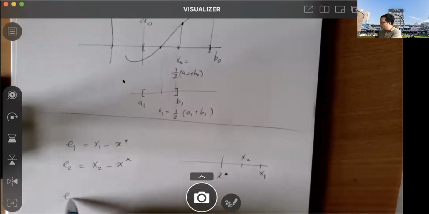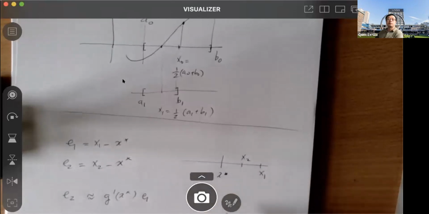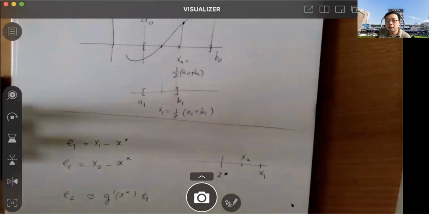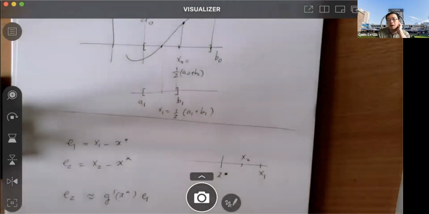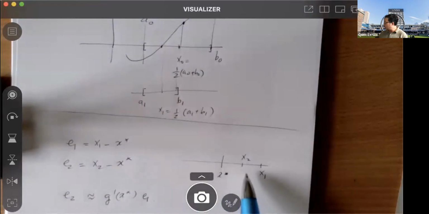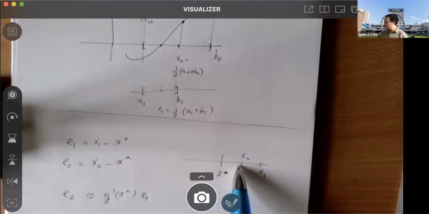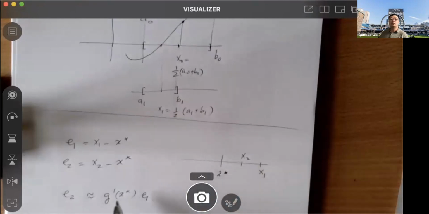Now you get E2 roughly about g prime(x star) times E1. Somebody said g prime less than 1. Yes, it's correct. What you want is g prime less than 1, then E2 will be less than E1. You want xn to get closer and closer to x star, so every time you want the errors to get smaller and smaller.